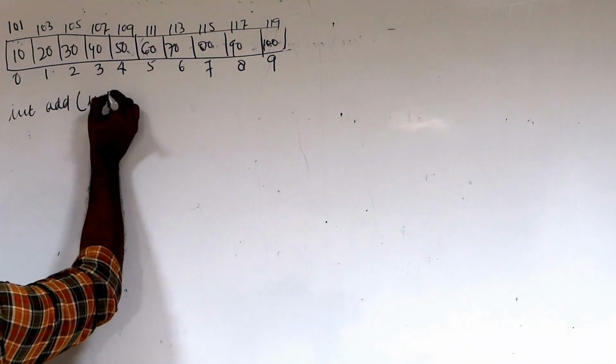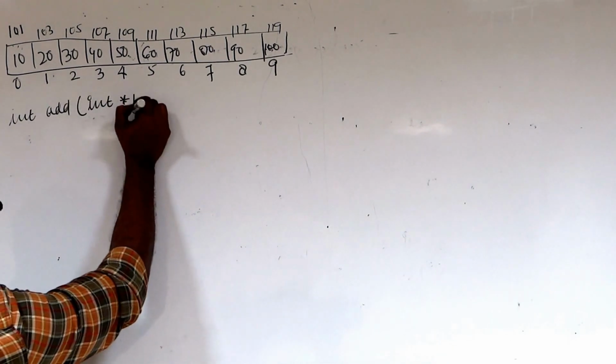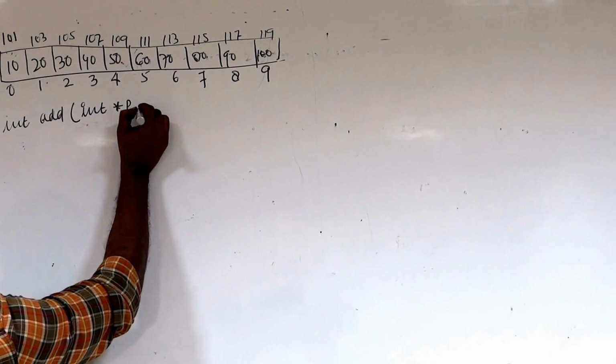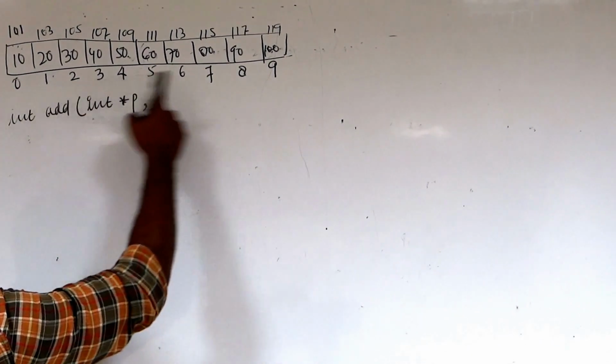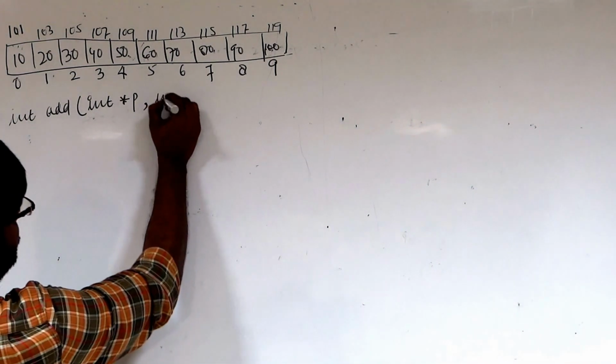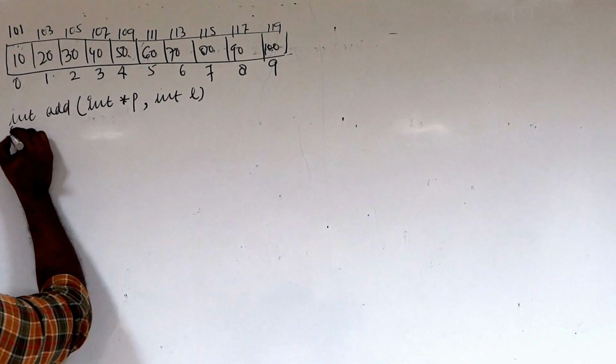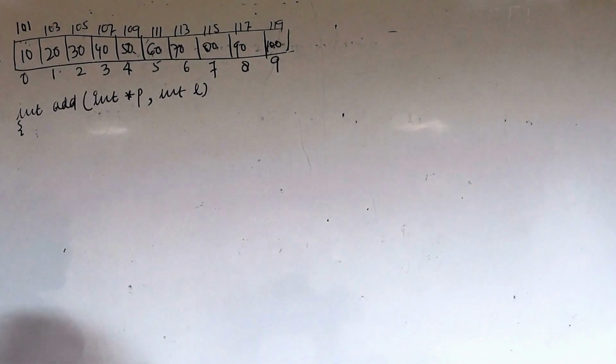Int add because it will return the sum of all the elements, and this function will receive the address of the first element. So we need an integer pointer, and then we should have the length of the array, so int l. And here we'll have another variable int x.